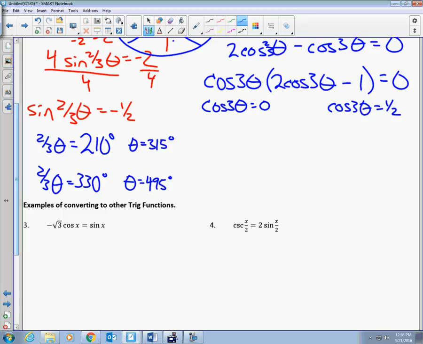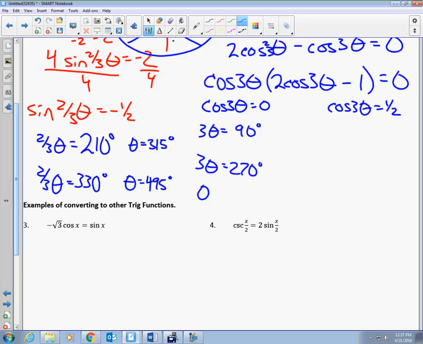Where is cosine equal to 0? 90 and 270. Remember, the x value is 0. So we have 3 theta is equal to 90, and 3 theta is equal to 270.